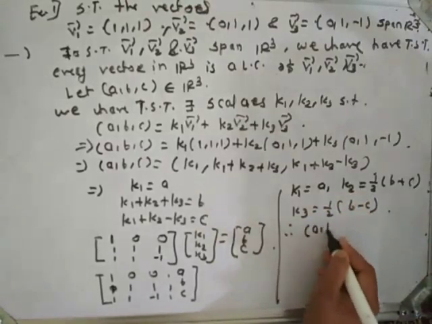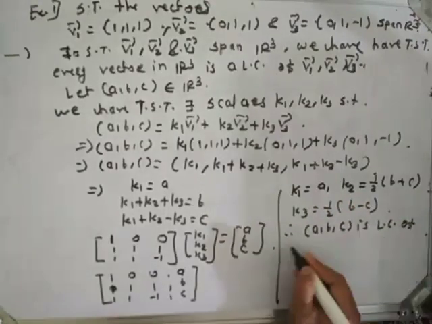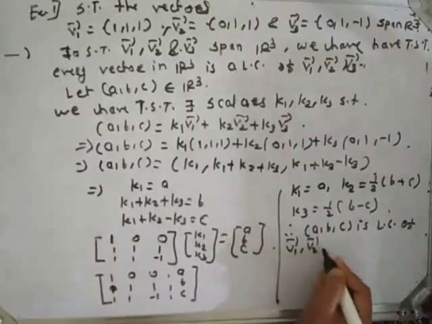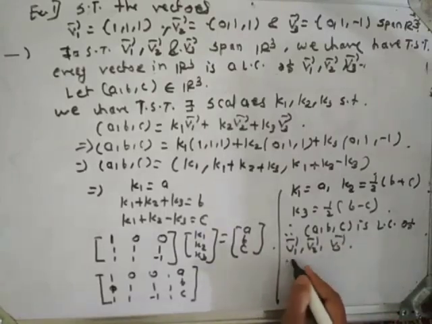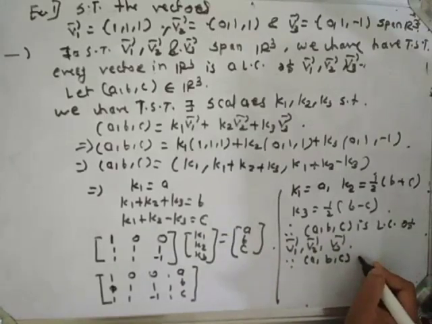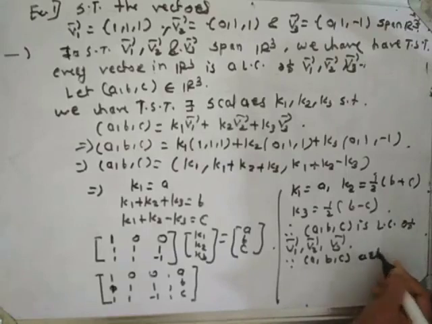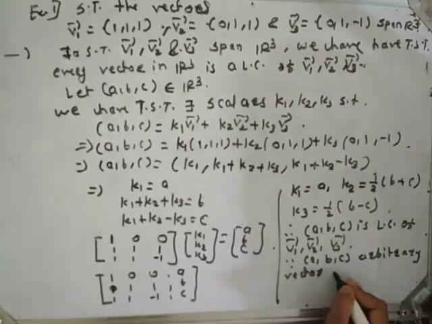Therefore, vector (A, B, C) is a linear combination of V1 bar, V2 bar, V3 bar, since (A, B, C) is an arbitrary vector in R3.